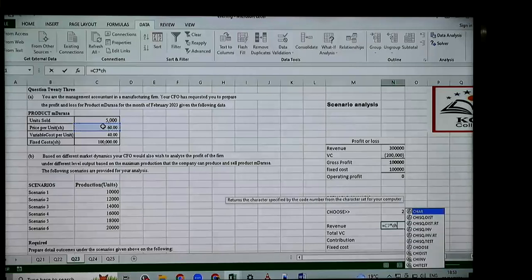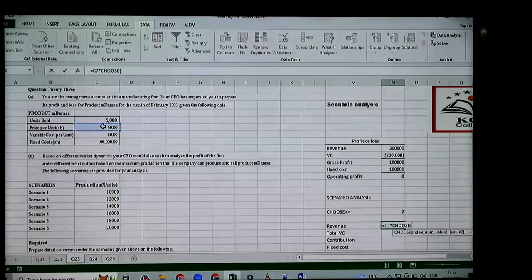I go CHOOSE, I press tab. So our column index is what our data validation is here. I'll take that one and press F4, press comma. So our value 1 will be this value here. I press F4, I press comma because I don't want them to move.